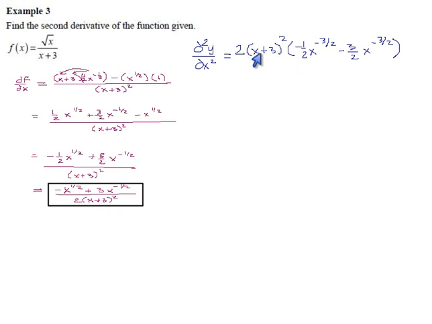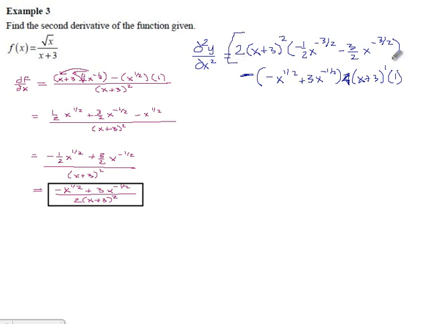Okay, so all this was bottom times derivative of the top. Now, that's minus the top times derivative of the bottom, which will be 2 times, or sorry, 2 times 2 is 4, x plus 3 to the 1, and then the derivative of x plus 3 is just 1, so that didn't really change anything.